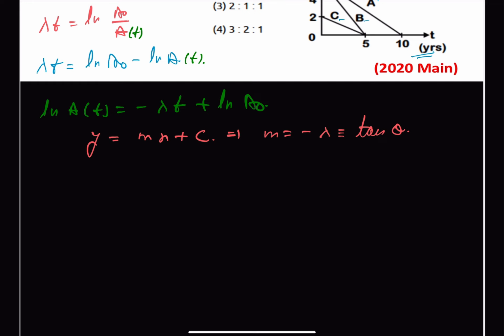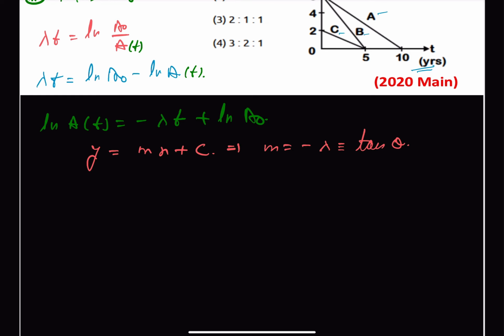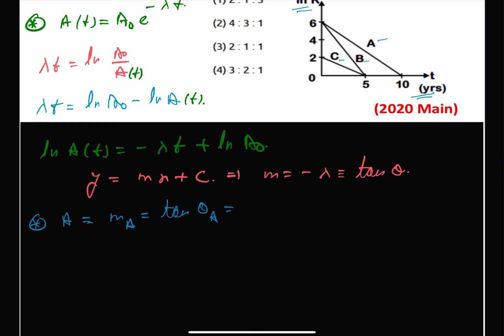So we have three graphs A, B and C. Let us find out what will be their respective slopes. For A, let us call this m A, which will be equal to tangent of theta A, giving us 6 upon 10, which can be written as 3 upon 5.